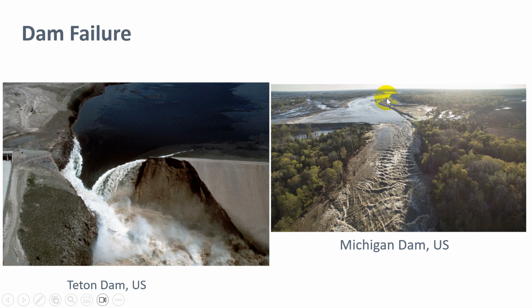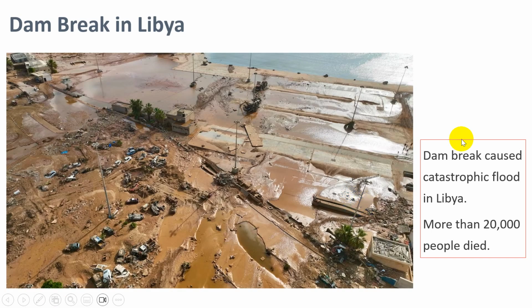For example, in this image is the dam failure. The dam failures in the US, this is Teton Dam and Michigan Dam. Also, this is the recent dam break in Libya. As we know, on 14 September 2023, two dams broke and caused a catastrophic flood in Libya, in which more than 20,000 people died.